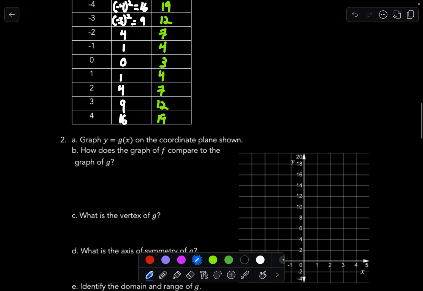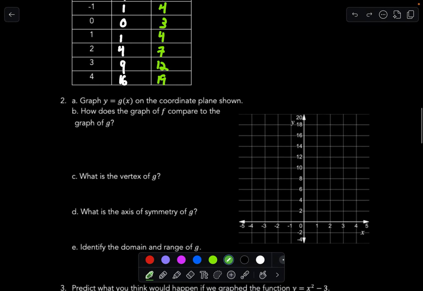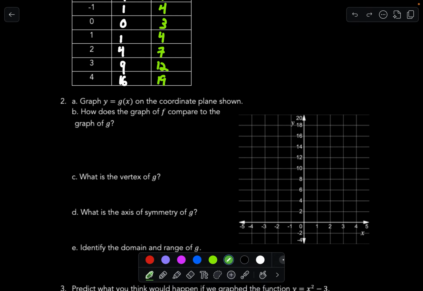All right, 0, 3. Unfortunately, this is by 2, so 0, 3 is right there. I did that one in blue. And then 1, 4 is right here.